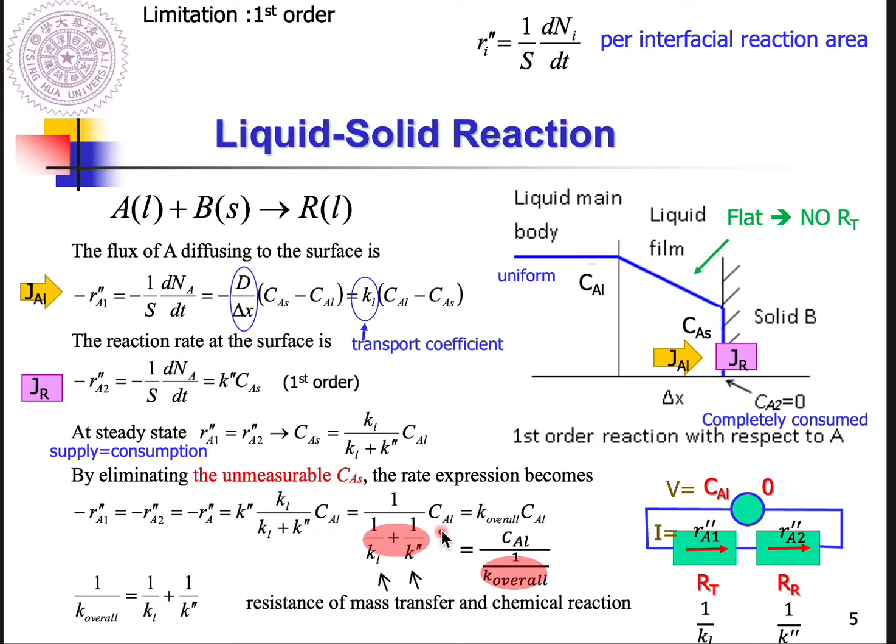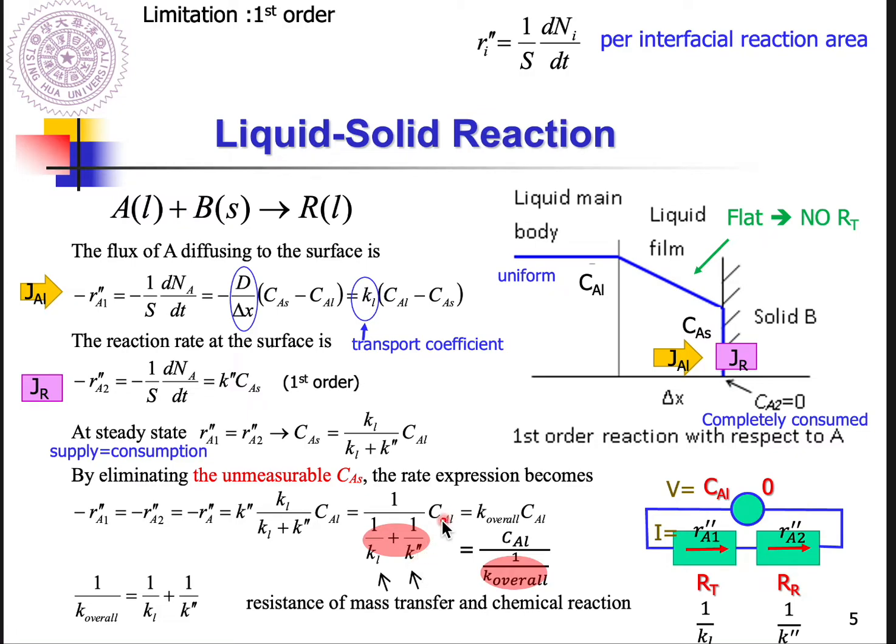In your experiments, we know CAL, and as long as you measure the consumption rate of reactant A, you have the chance to reformulate and reconstruct these reactions.